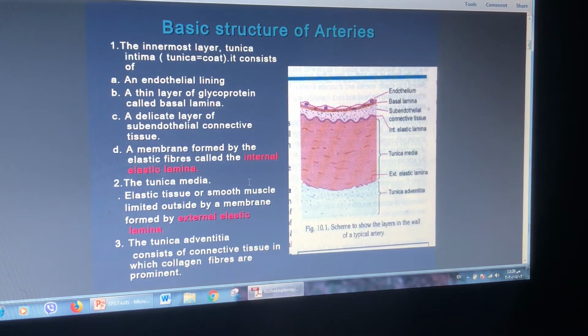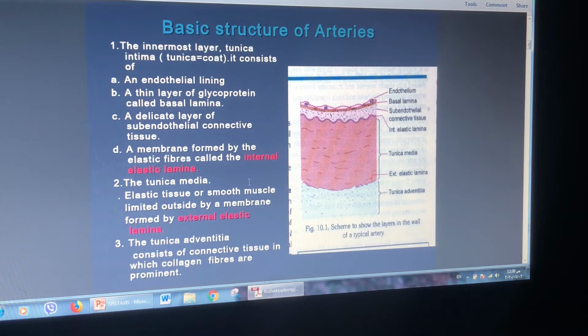Second, the tunica media, elastic tissue or smooth muscle, limited outside by a membrane formed by the external elastic lamina. Third, the tunica adventitia consists of connective tissue in which collagen fibers are prominent.